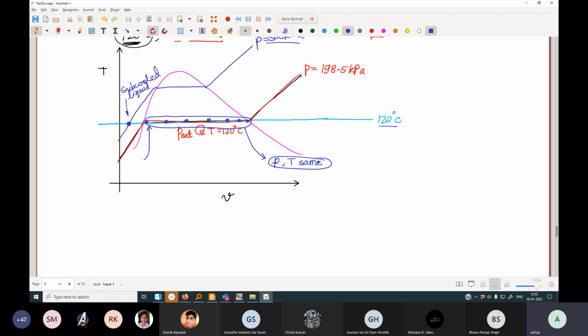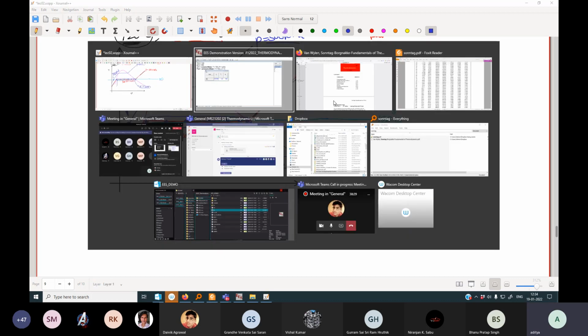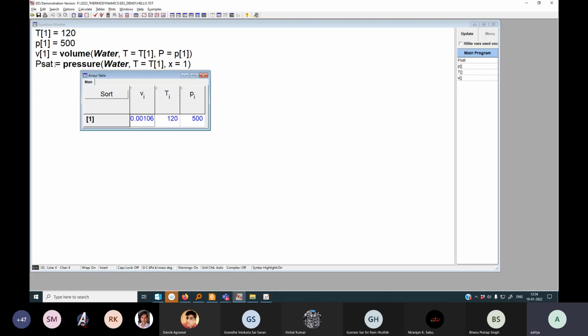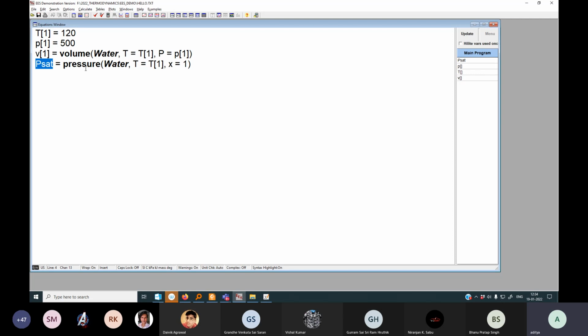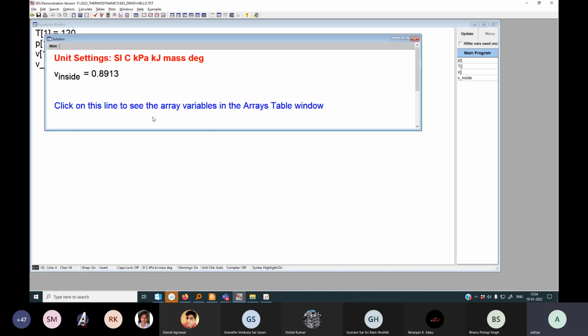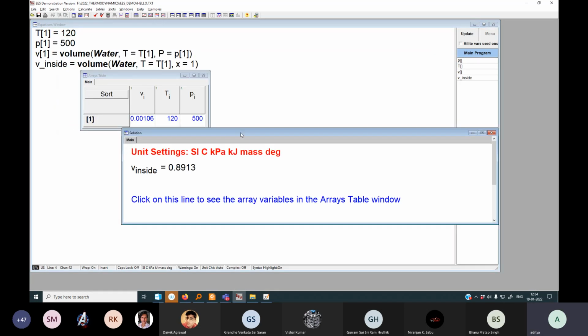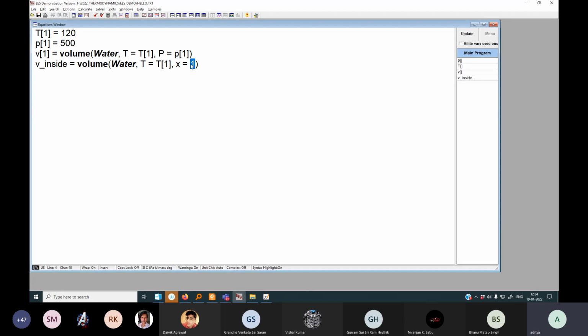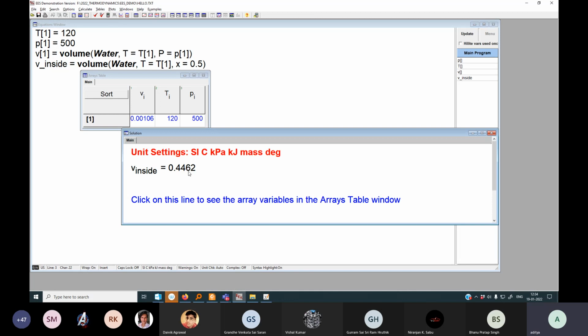Okay, is it fine? If I were to query the specific volume, then yes, I would get different values every time. If I say V inside, and I say volume of water, so let's see. Now this is the specific volume of water at x equal to 1. Say if I do 0.5, obviously it changes.